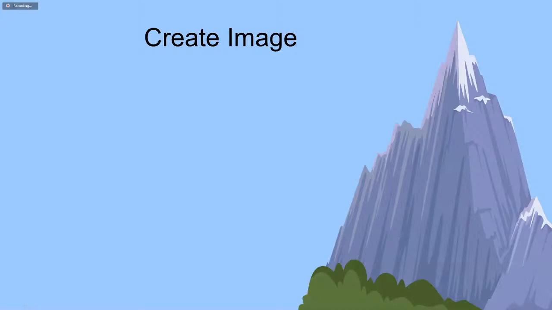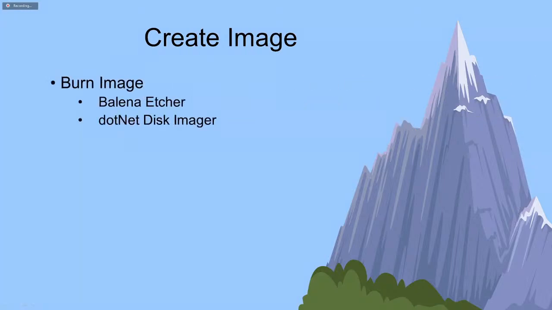So at this point, we're ready to burn the image. Your micro SD card should still be in the computer. Open up the program that you used to image the card, either Balena Etcher, or if you use .NET Disk Imager, it should still be open. So we're going to burn the card. I'll start with the .NET Disk Imager.